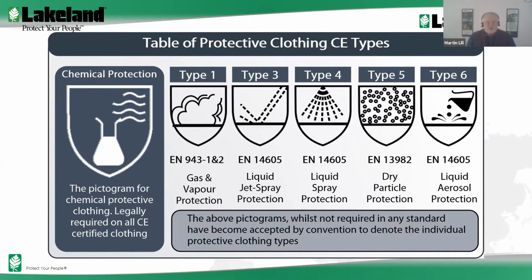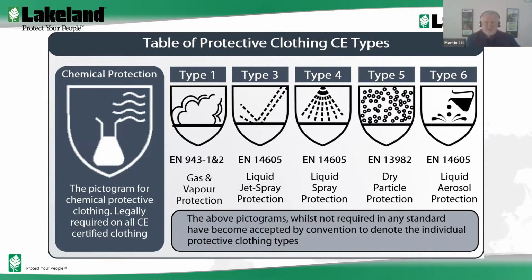Well, there was a type 2, but it was removed in 2015 because essentially nobody used it largely. So 5 types of chemical protection, and each one relates to a different type or form of protection against hazardous chemicals. So type 1 is gas type protection, type 3, 4, and 6 are different types of liquid spray or splash protection, and type 5 is for hazardous dust protection, dry particles.